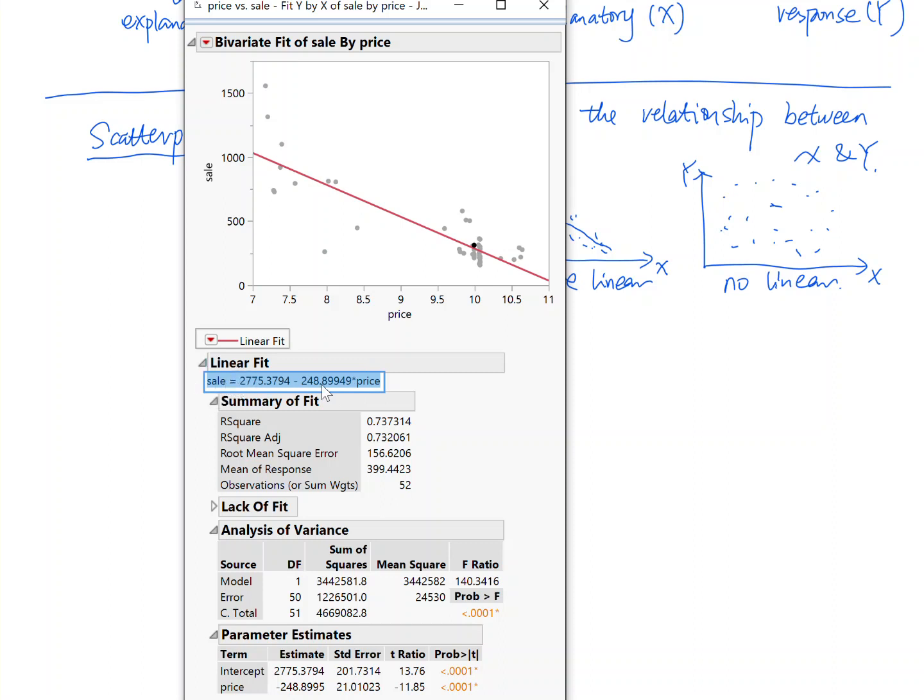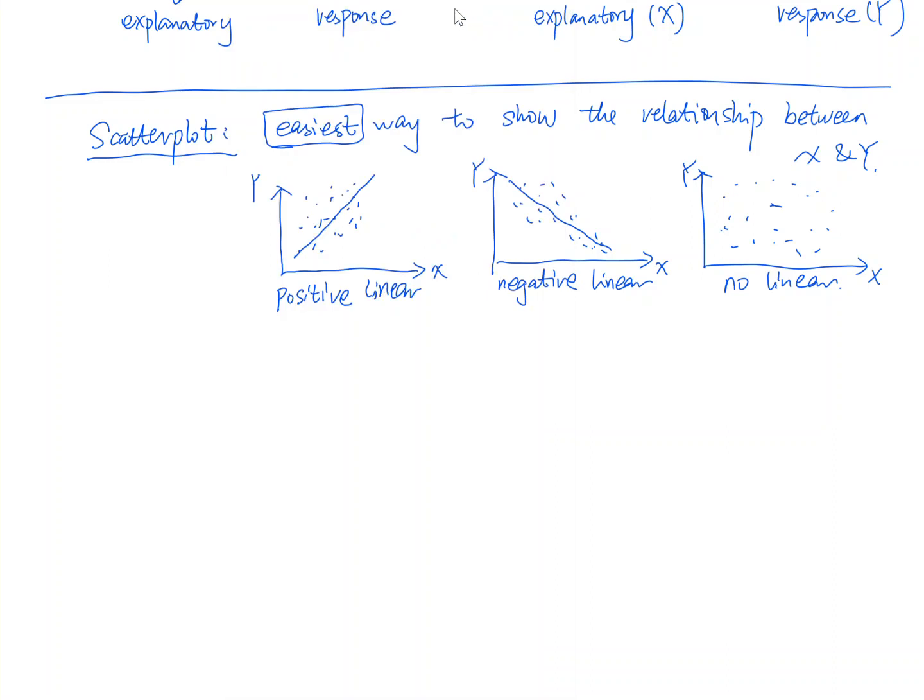So it will tell you what is the so-called simple regression line, right? So the line is called the simple regression line, and this line is also called the OLS regression or the OLS analysis.